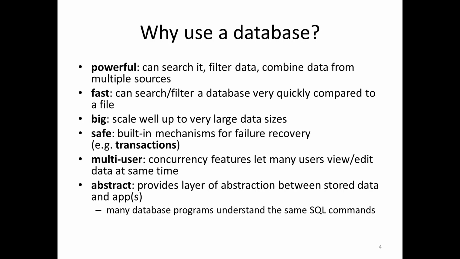and consistency. Another important feature of relational database management systems, and most of the database management systems nowadays, is their ability to manage concurrency. So multiple users can connect to that database management system at the same time. They can view the data, different parts of the data, or maybe they can view the same data, or they can go and edit the data. So the database management system can manage concurrency.